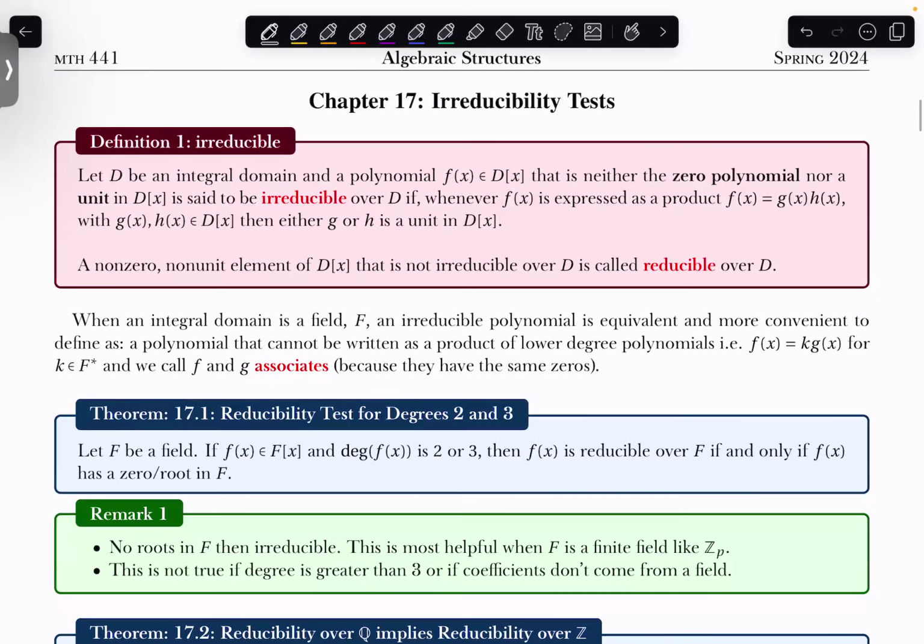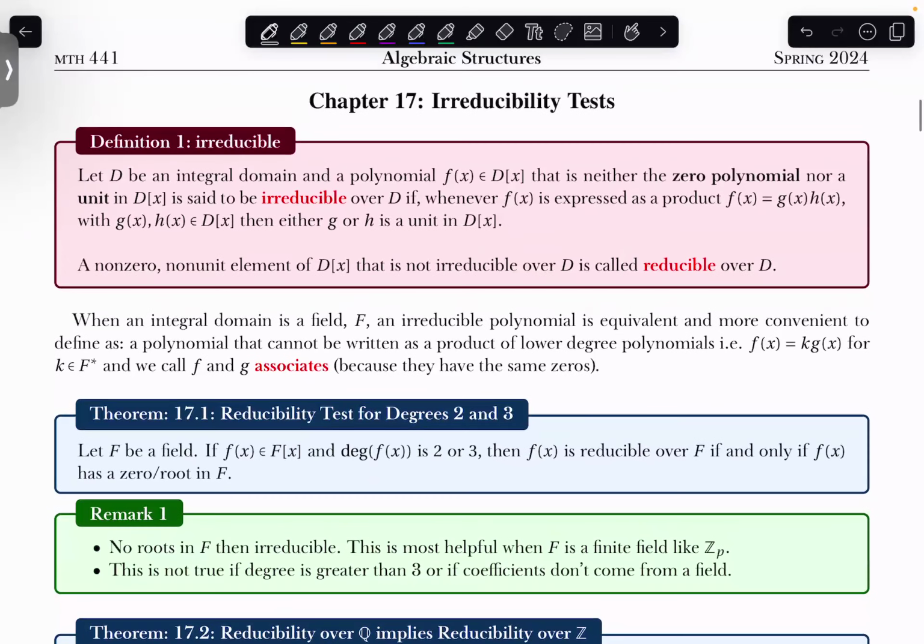I also included our definition of irreducible and reducible in terms of our integral domains. And then also if we're working with a field, we can talk about this in terms of degrees instead of in terms of units.